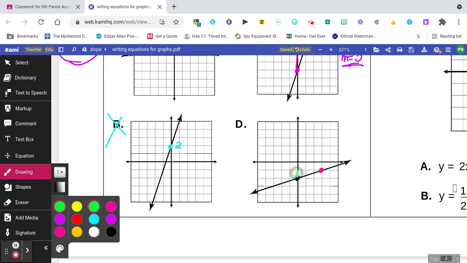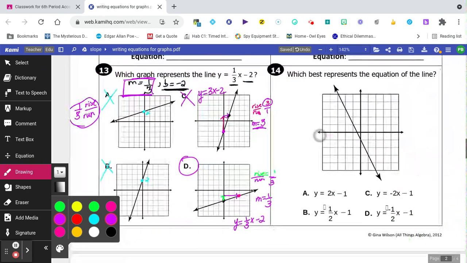So as you can see, I'm rising 1, and I'm running to the right 1, 2, 3. So that slope is 1/3. So this is the equation y equals 1/3 x minus 2. That's D. And that's exactly what I was looking for right here, okay?